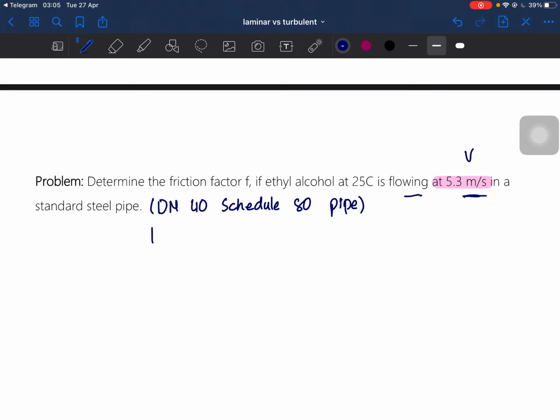In this case, the diameter of this specific pipe is 0.0381 meter. For ethyl alcohol, we have a density of 787 kilograms per cubic meter, and viscosity equal to 1 times 10 to the minus 3 Pascal second.